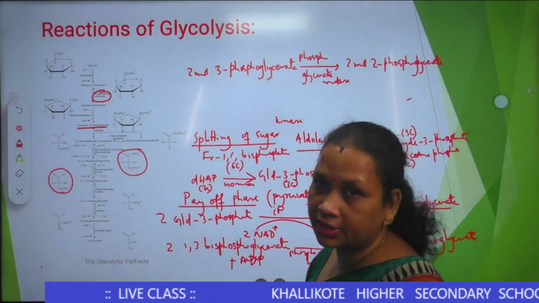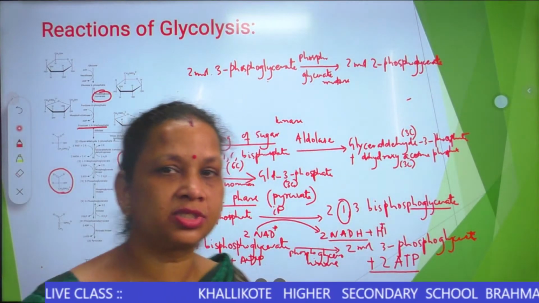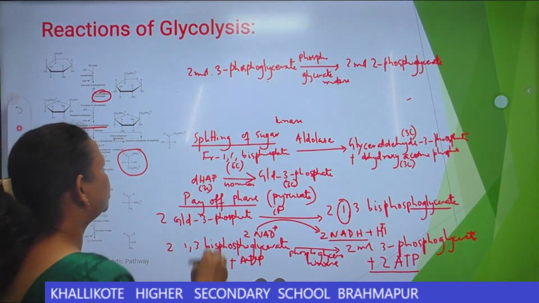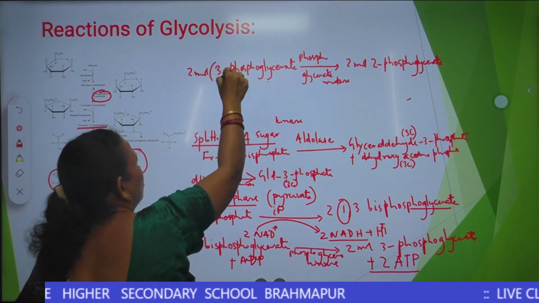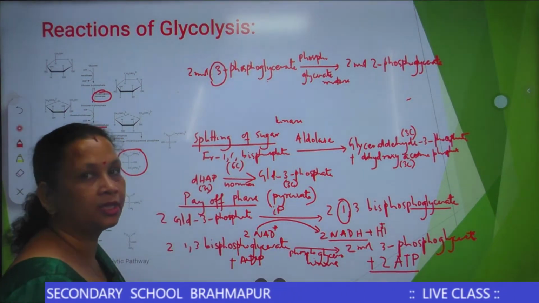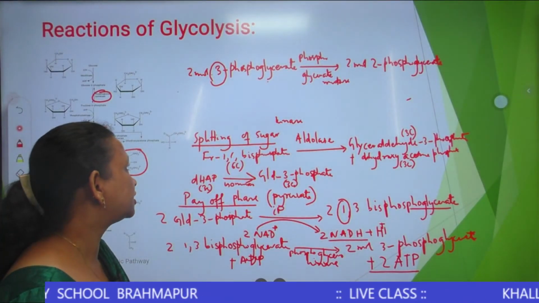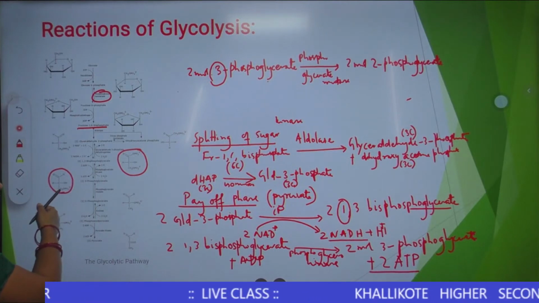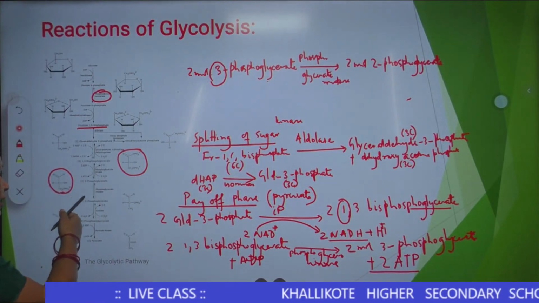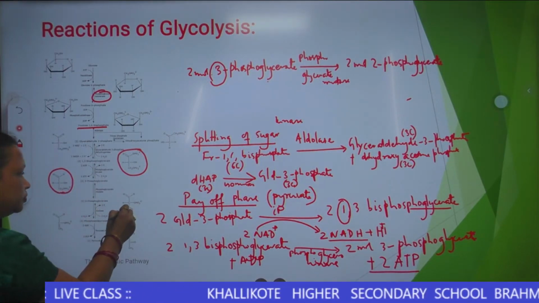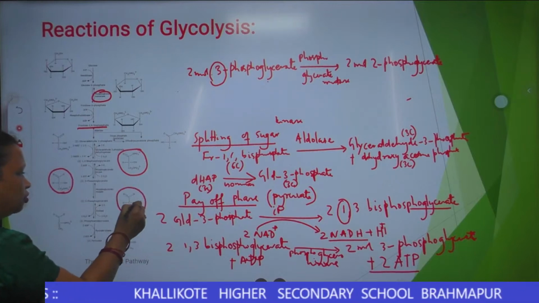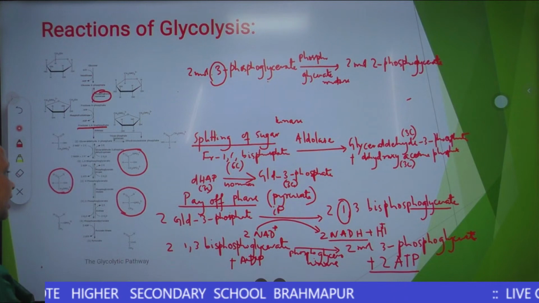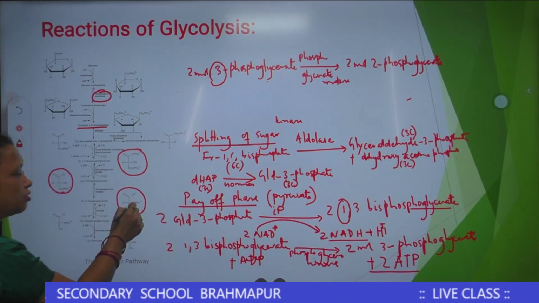So, in this reaction we are not losing or gaining anything, but here only there is a shift of position of phosphate. The phosphate present at the 3rd position of this compound. So, this is the 3rd position of the compound. It is getting converted into 2-phosphoglycerate, where the phosphate is present at the 2nd position of the compound.